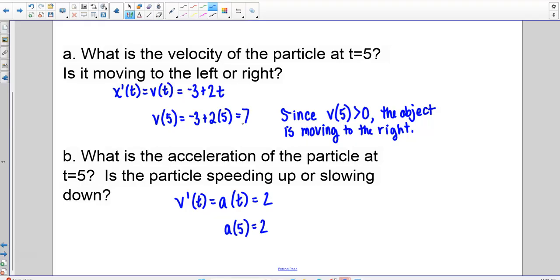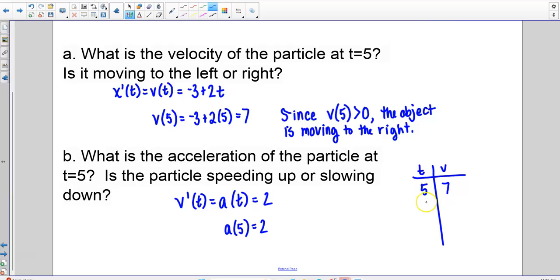Because this is the thing we're thinking of whenever we're thinking of driving a car, right? Imagine our object is our car, and we are driving it on a straight road. Well, when t is 5, velocity is 7, right? We found that. And the acceleration is always 2, right? Because there's no other variable there.